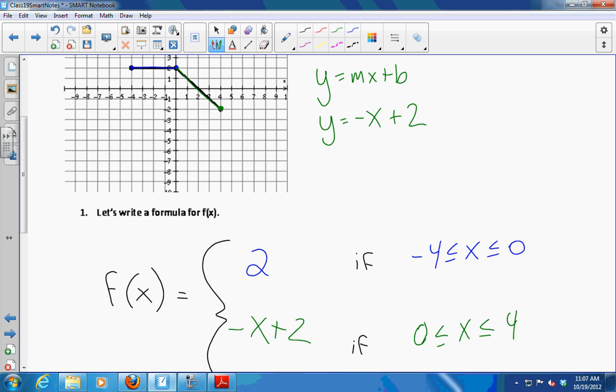Well, because see here how it's 0. I can either plug the 0 into y equals 2, or I can plug the 0 into -x plus 2, and it's going to give me the same result. Does that make sense? The two pieces of my graph share that point. So I could put an "or equal to" in both places, here and here.